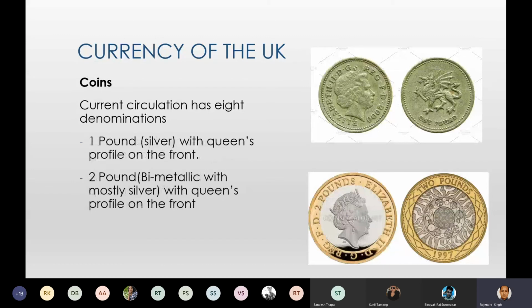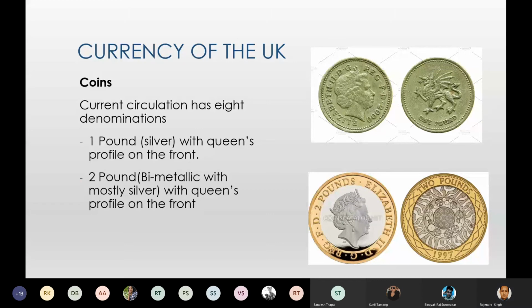We have 2 more denominations of coins. That's the 1 pound coin, and the highest coin denomination is 2 pounds. It is a little different from other coins. It has a two-tone color; it's bimetallic in design.